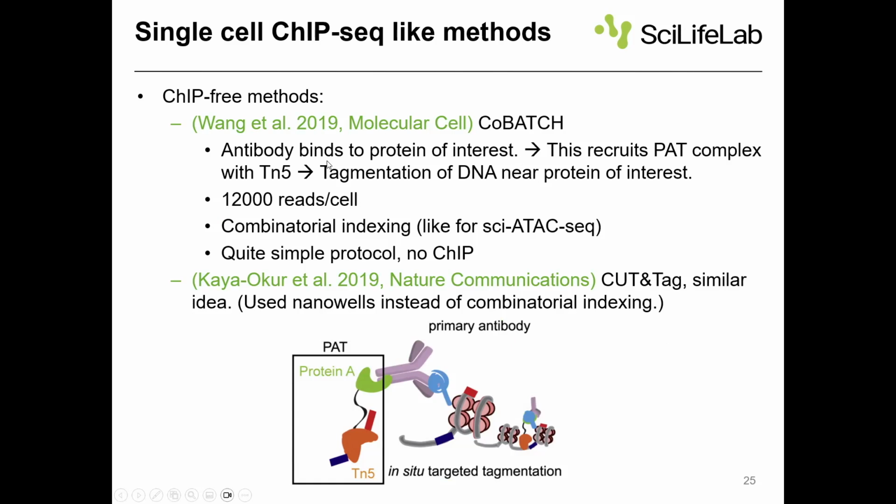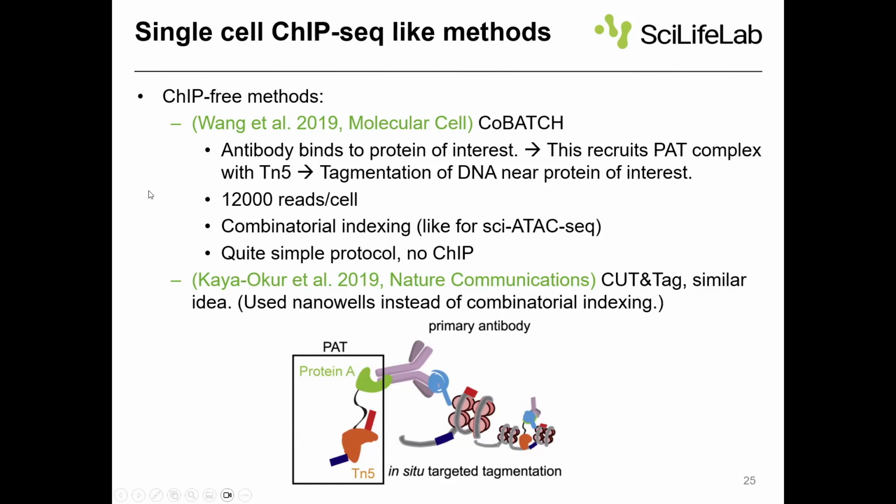So the way this works is that you have your protein you want to study, you have an antibody that binds to this protein, and then this antibody recruits a protein complex with a transposase, right? So it's like ATAC-seq, but it's not towards all open chromatin, it's targeted to just the places where a particular protein is binding to the genome.